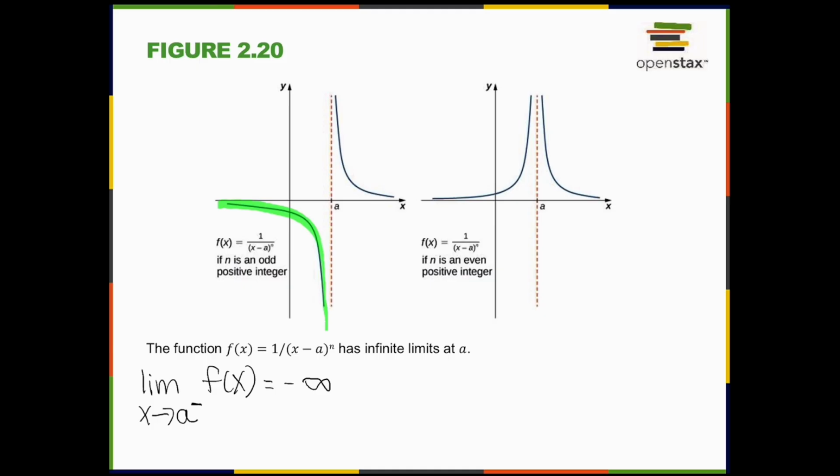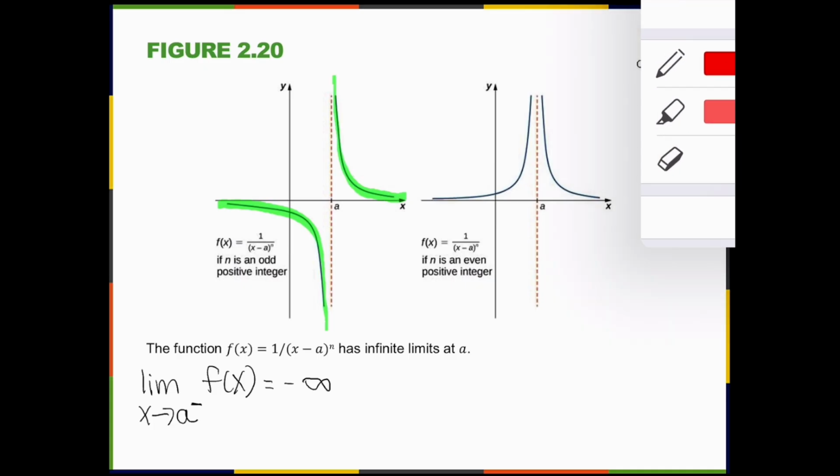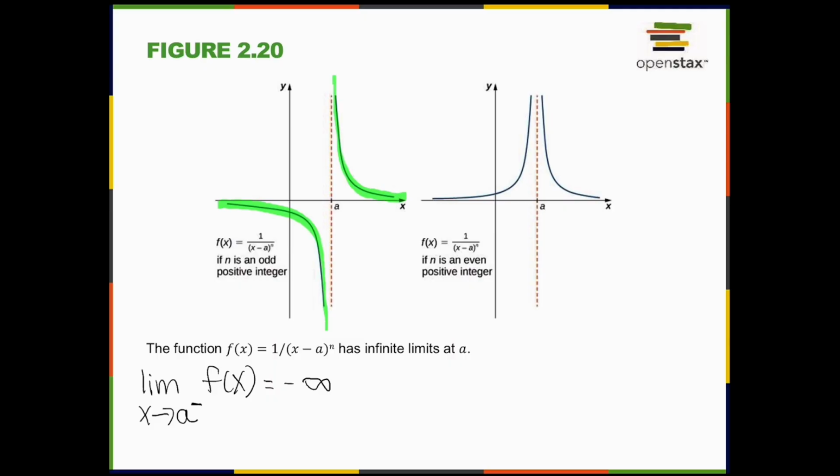Now, coming from the right, looking at the same graph, but approaching a from the right, we're approaching that vertical asymptote and we're increasing without bound. So I would describe this as the limit as x approaches a from the right-hand side of the function f of x as positive infinity.